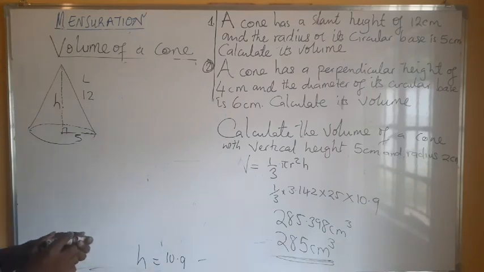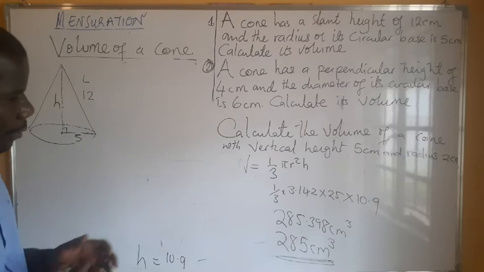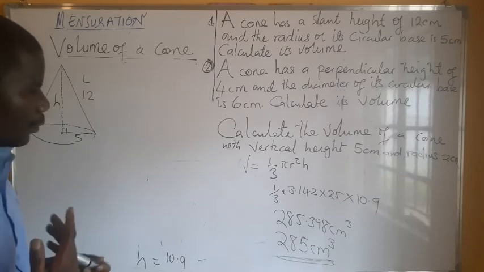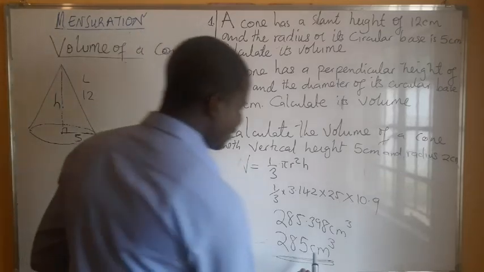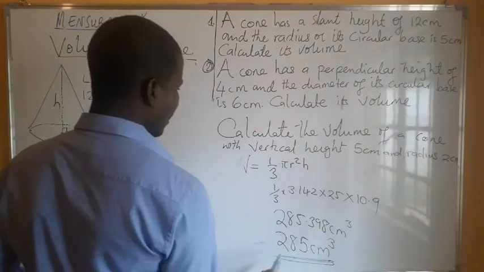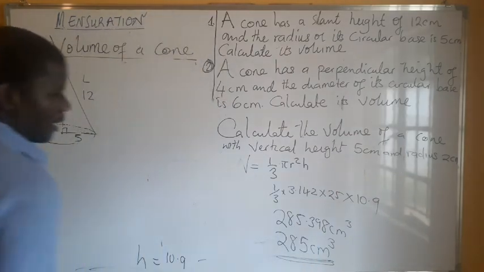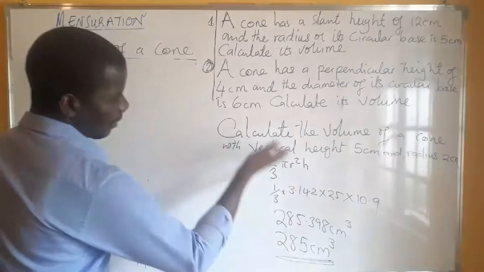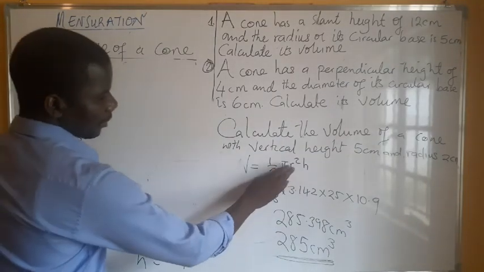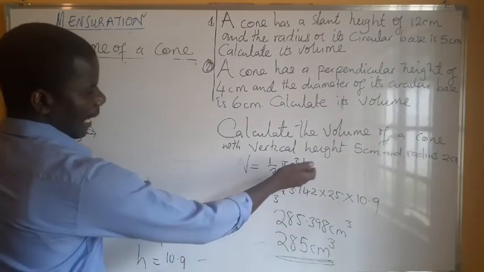We should be able to work with this even if, like in this case, the question gave you the volume of a cone, and maybe the radius is not given, or height is given.